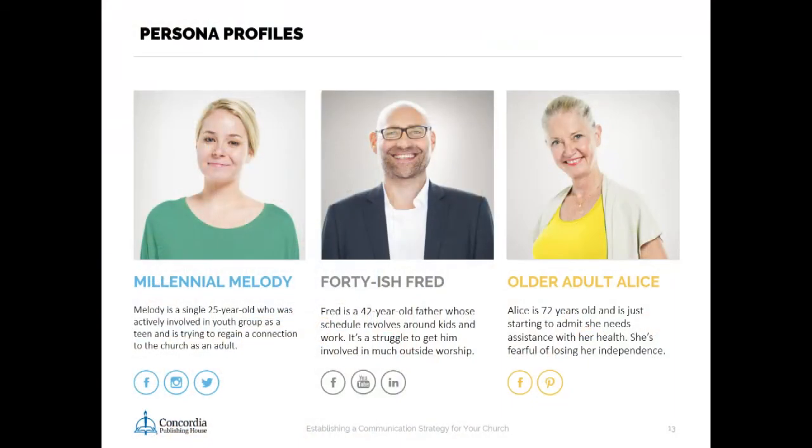But there's a few different examples of how you could do it, and you can see from a tactic level, you would not reach out to older adult Alice on Instagram because she's not actively using that. In the same way, if you're going after 40-ish Fred, it might be important for you to be active on LinkedIn. So that's how it ends up affecting your actual tactics.